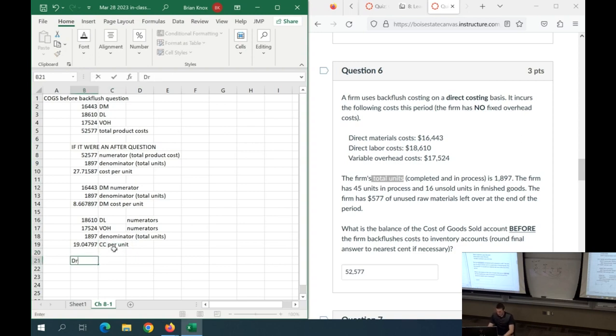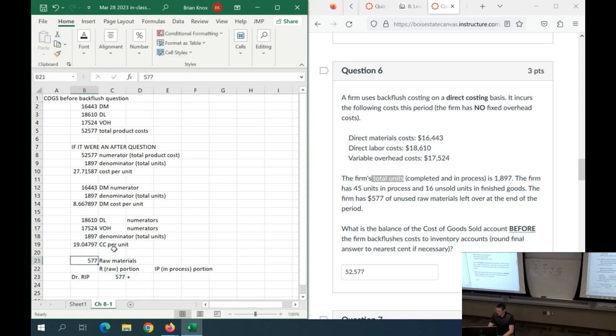All right, and now I need to figure out what the debit to RIP is. We also have $577 of raw materials. So there is a raw portion and an IP portion, in process portion, because there's $577.